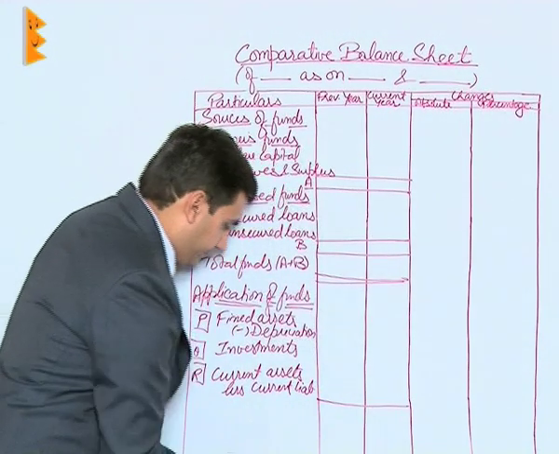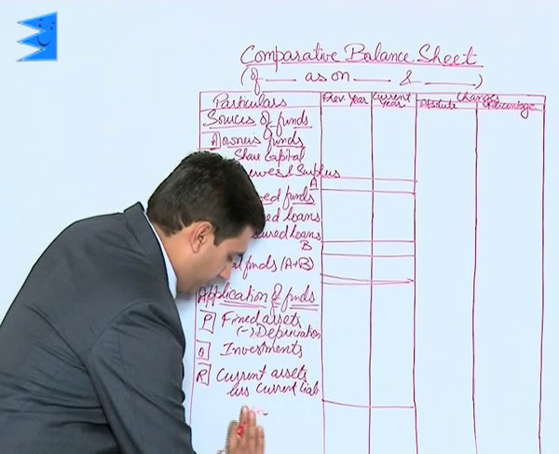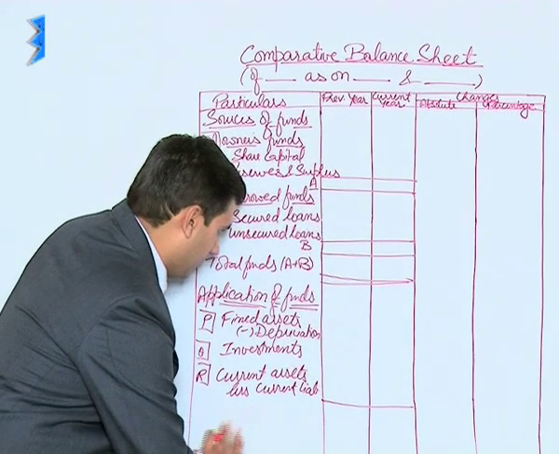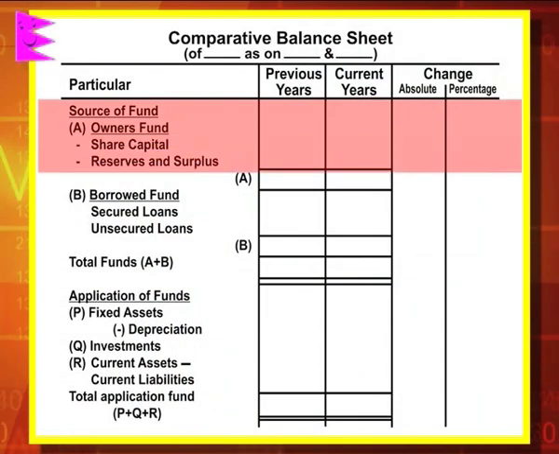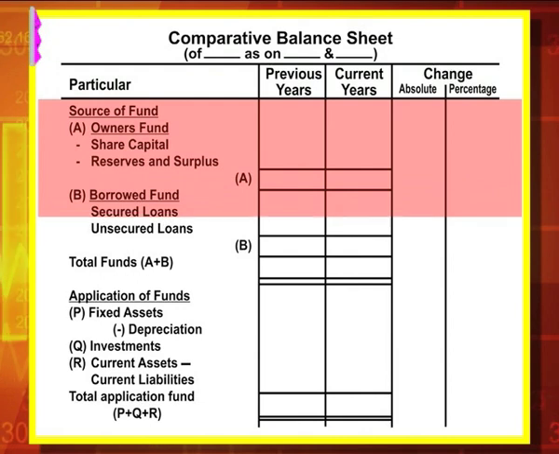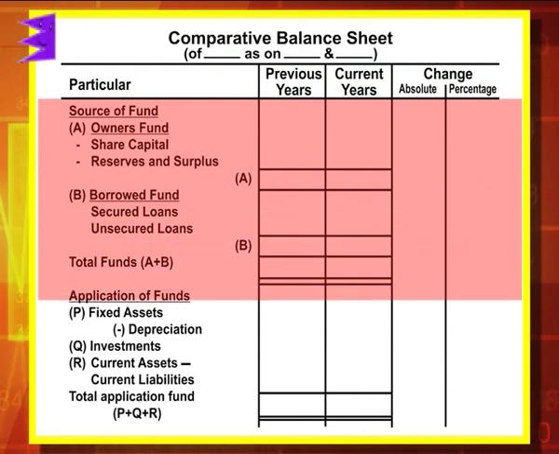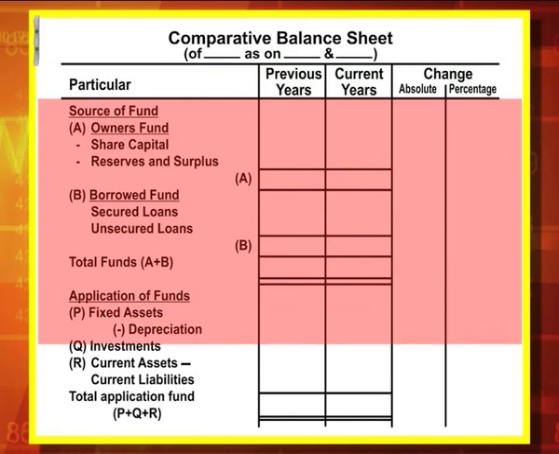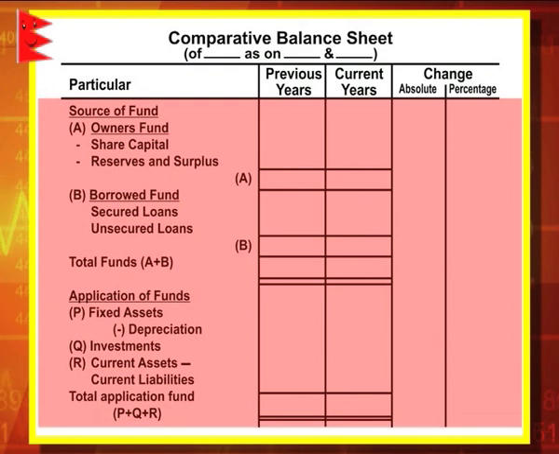Now students, add these P, Q and R columns and they will give us total applications, that is P plus Q plus R, and remember, as in a balance sheet they should be equal.